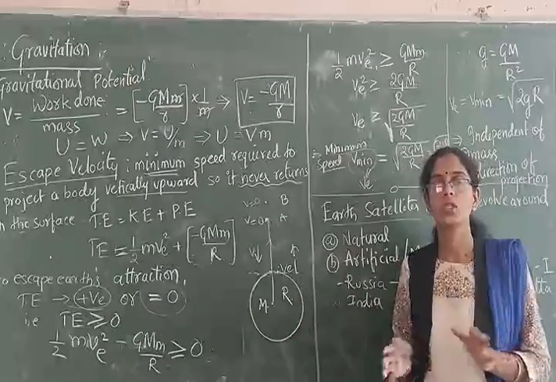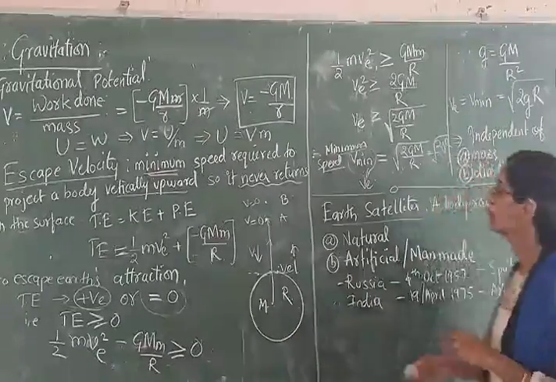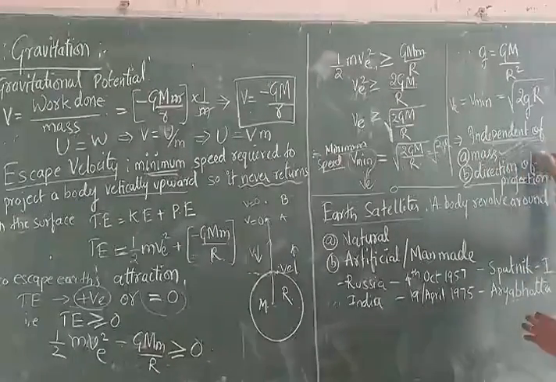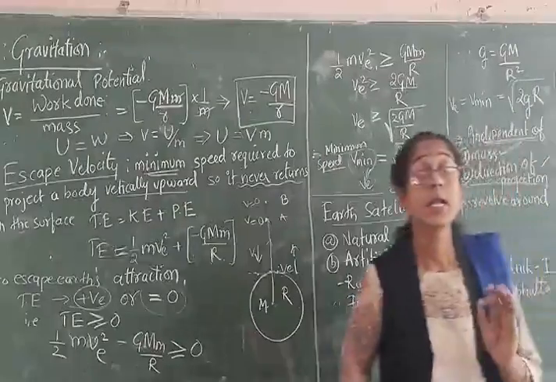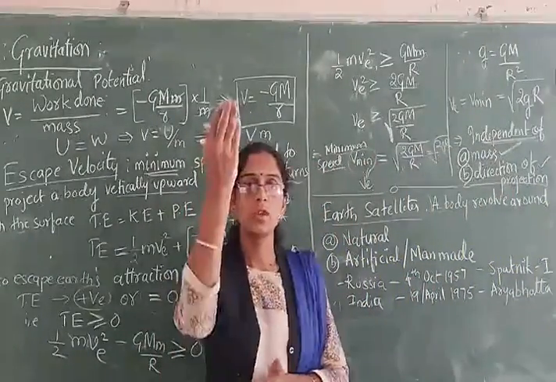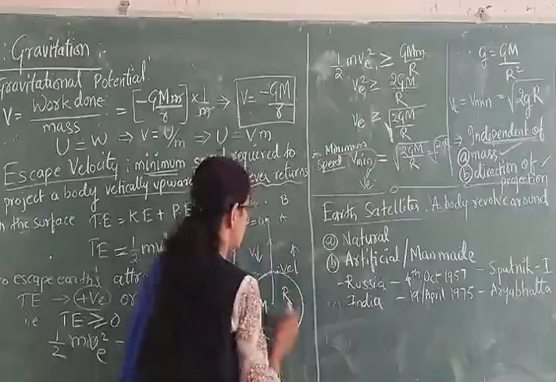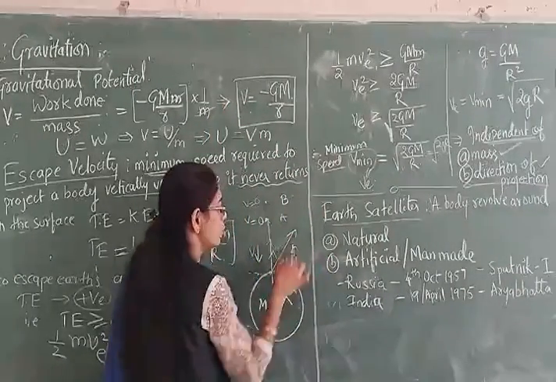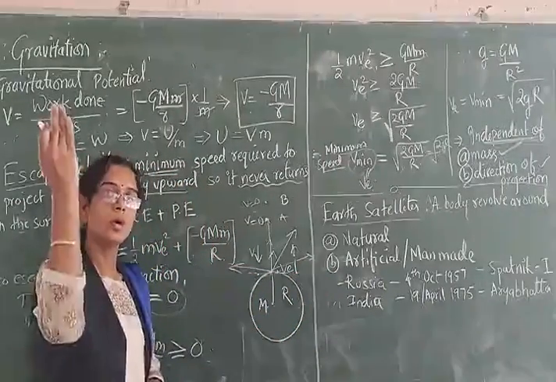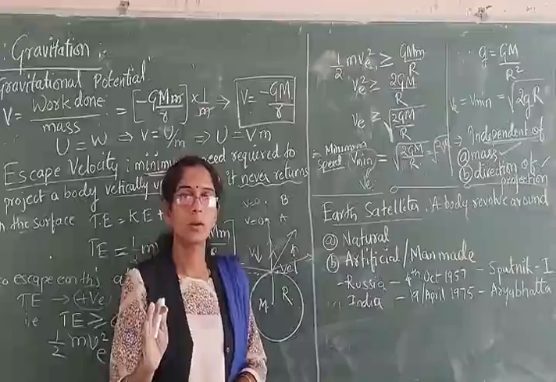So the escape velocity is independent of two factors: the mass of the object and the direction of projection, meaning the angle at which we throw the object. Whether it is thrown straight or at an angle from that particular point, it doesn't matter.